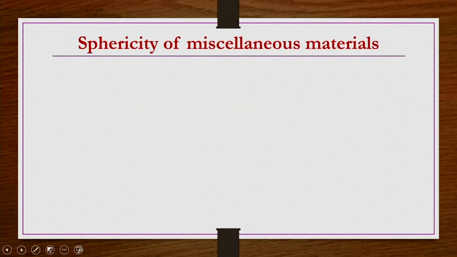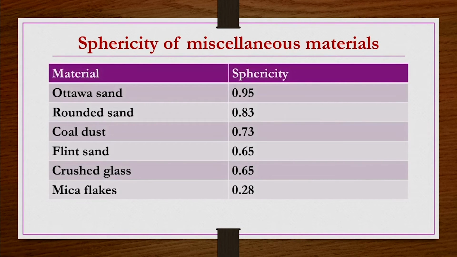So, what do we do? We see some example materials and what the sphericity of those materials is in general. Let us say you have Ottawa sand, so the sphericity can be as much as 0.95. So, more or less they have a spherical shape. And then there is rounded sand, where the sphericity is almost 0.83. Whereas coal dust, in general, is very fine size, the finest sizes that are possible, not the crushed entire thing.